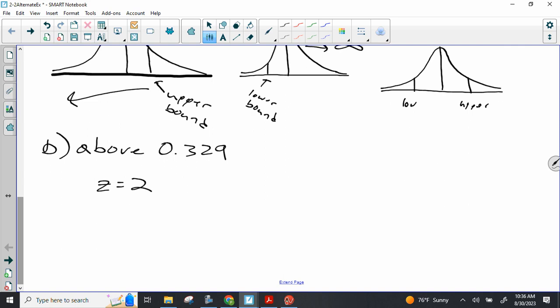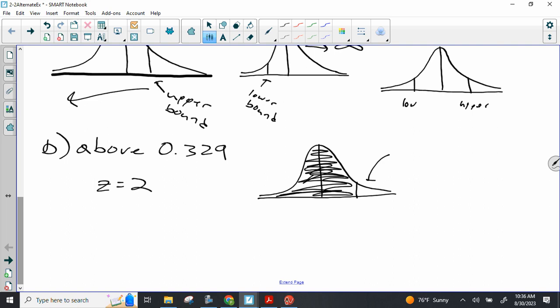But this is the deal. What my calculator gives me, and the table for that matter, is always giving me this area, right? That's not the area I want. I want this area, right? All we have to do is recognize, remember, any density curve, all of them, have an area of 1 underneath. The entire curve, the area is 1, right?